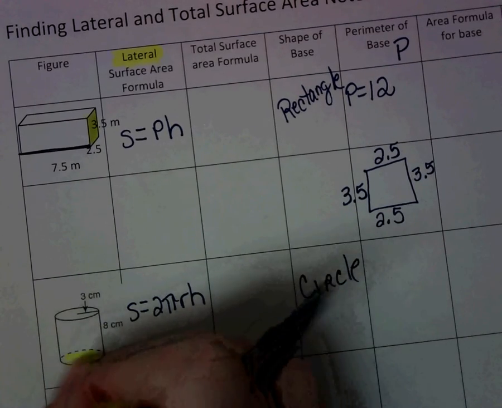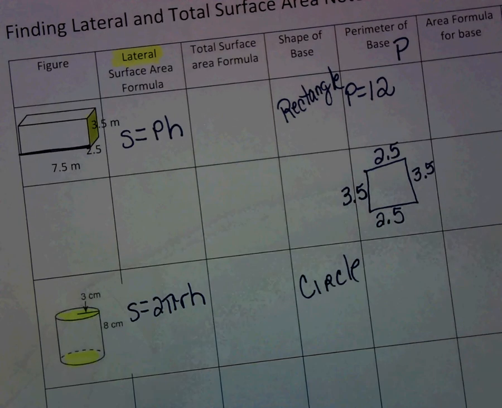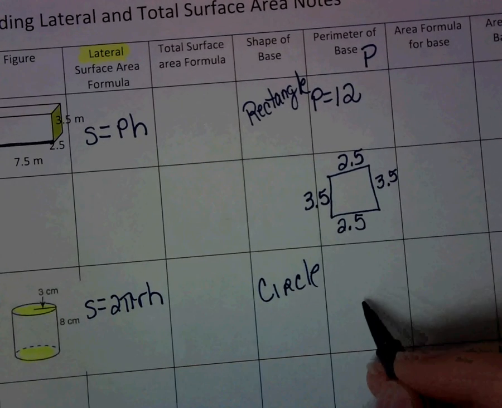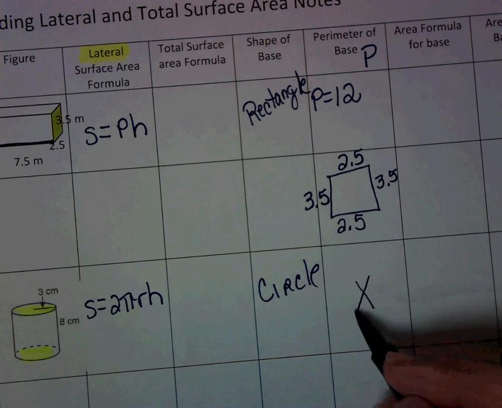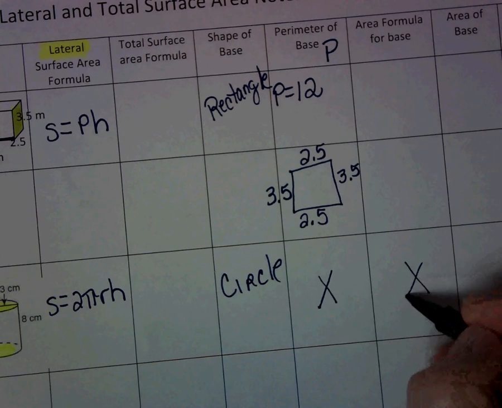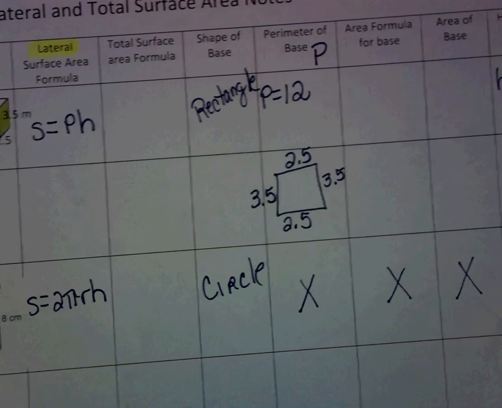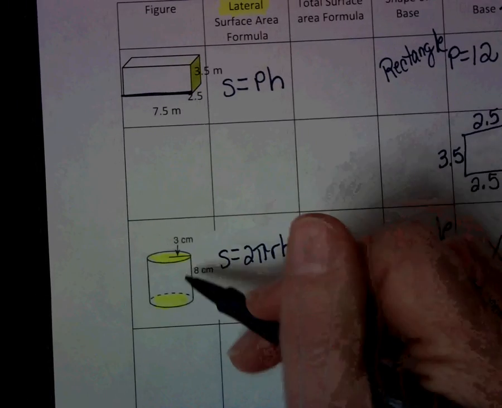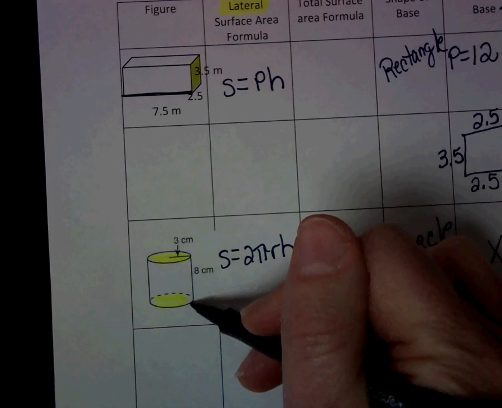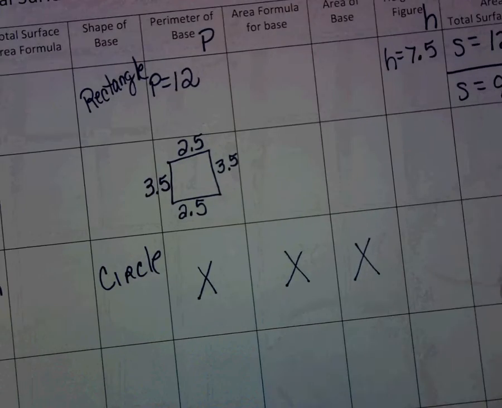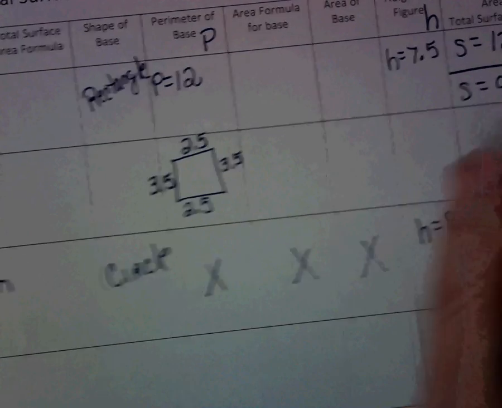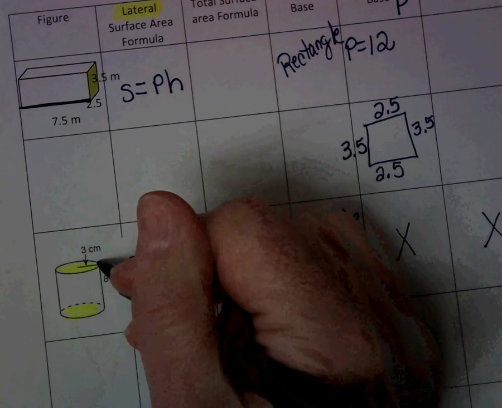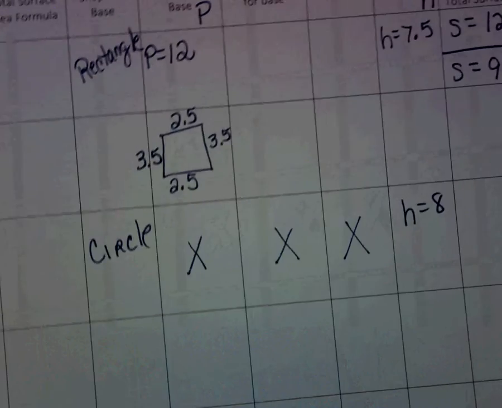We've got one here and one here. We don't have to know the perimeter of the base. We don't have to do the area formula. All we need to know is the height of our figure. Remember, base to base, the height would be 8. It's the same thing as if our cylinder were lying on its side. It would still be from circle to circle what the height is.